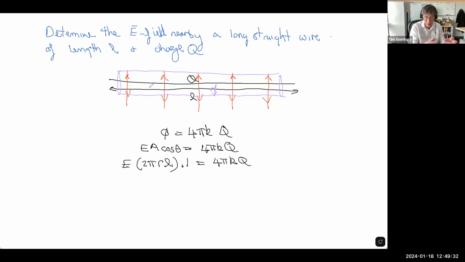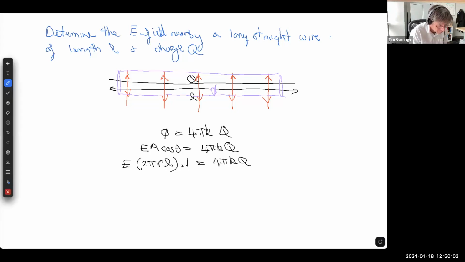They have a length, the side walls, of L. So imagine unrolling the cylinder into a flat sheet. Its height would be the circumference of the circle, 2 pi r. Its width would be the length of the wire or the Gaussian surface, L. And so the total area of the side walls of the surface is 2 pi r times L. And that's the quantity I've written down in parentheses here.